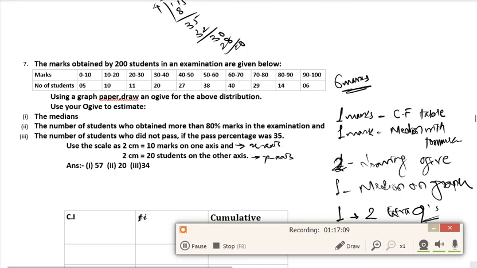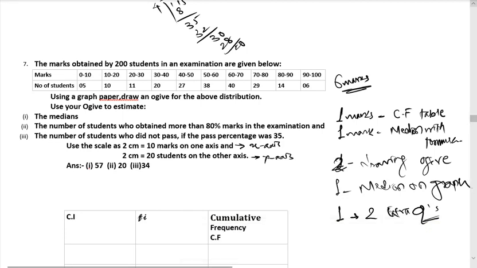Let's resume with the question. The marks obtained by 200 students. So the number of students over here is 200. That is your n or sigma xi.